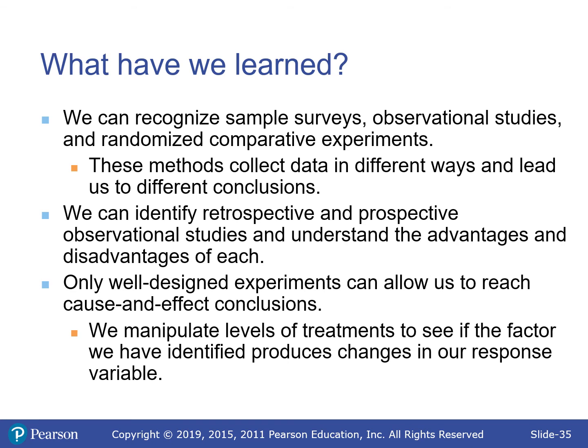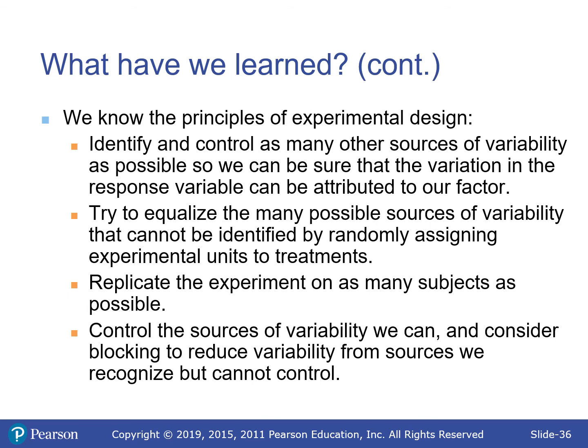So we have to manipulate the treatments. We have to randomize. We have to control those variables. The principles of experimental design: control as many variables as possible. Random assignment helps actually to control a couple more variables. Replication, you have to do it more than one time.